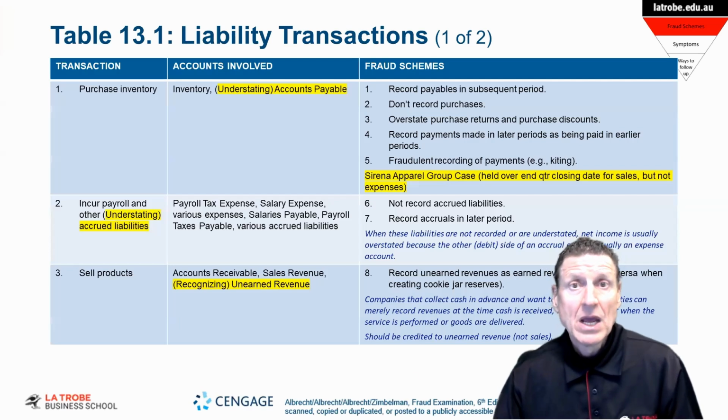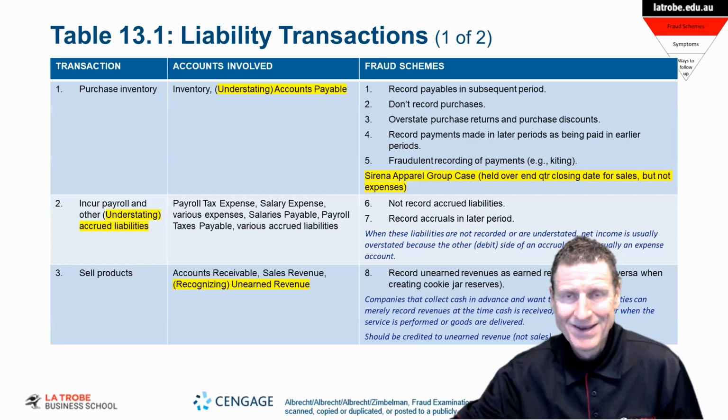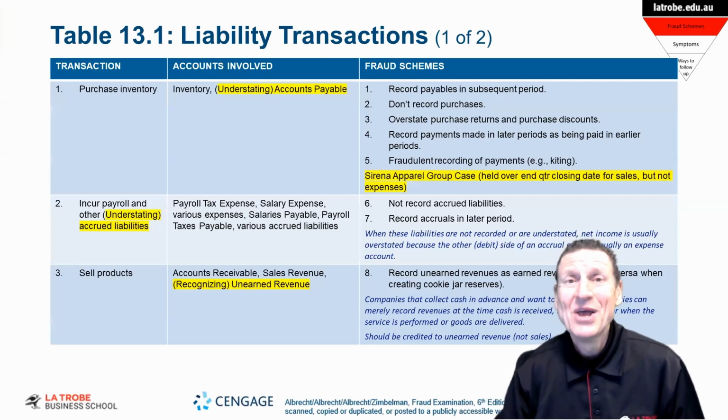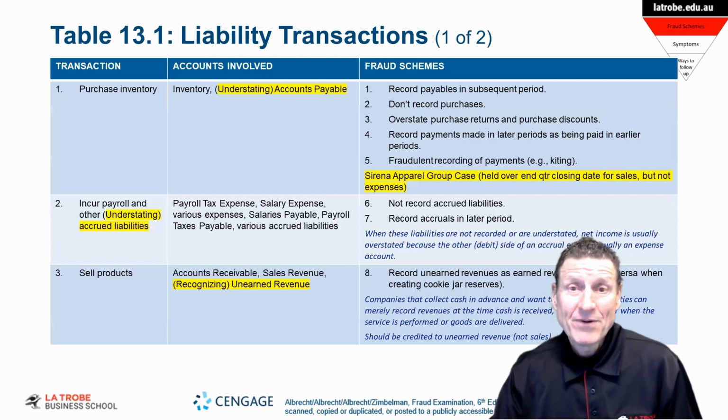They are about bringing forward unearned revenues, but not unincurred expenses. All right. So these are different fraud schemes associated with manipulating the liability accounts, but stay away from that middle one, because you'll have the tax authorities chasing your tail.